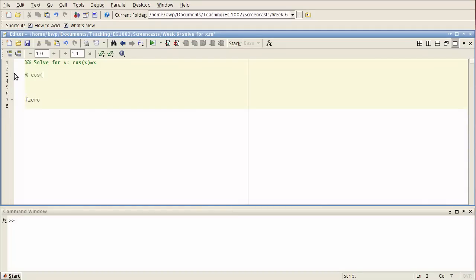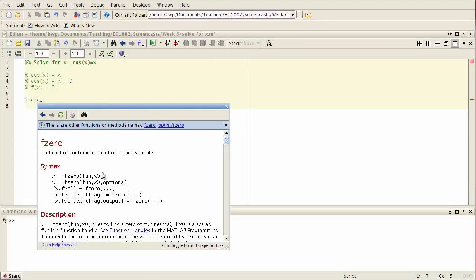If we have cos of x is equal to x, then we can rearrange that equation into cos of x minus x is equal to 0, so that some function f of x is equal to 0. This f0 function will find the x value for which a particular function is 0. And if the function is this one here, then we solve this equation.